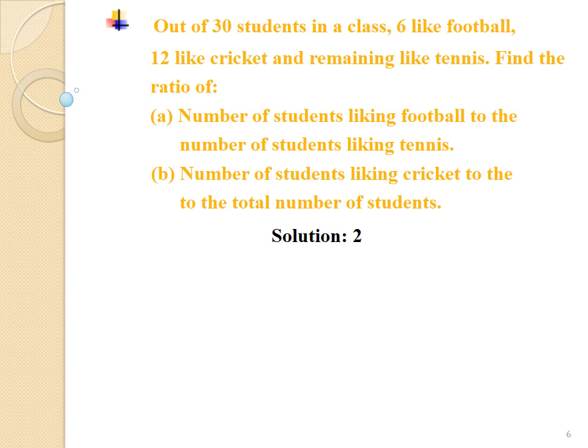Students, so let us find out the ratios after writing the necessary details given to us and also find out the number of students liking tennis. Total number of students in a class is given 30.